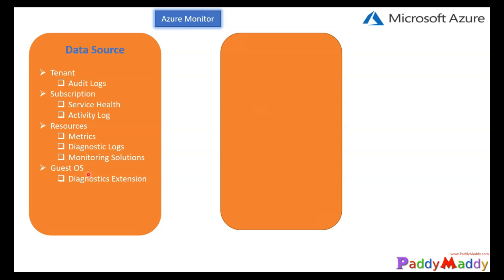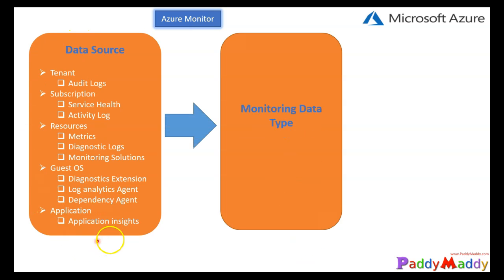Let's say you onboarded a VM and you want to collect the diagnostic extensions, and process them for the Log Analytics service by installing a Log Analytics agent, or dependency agents, or the full life cycle of the application with the help of Application Insights. All these things you can target as the data source, and then process for the monitoring of these kinds of data types.